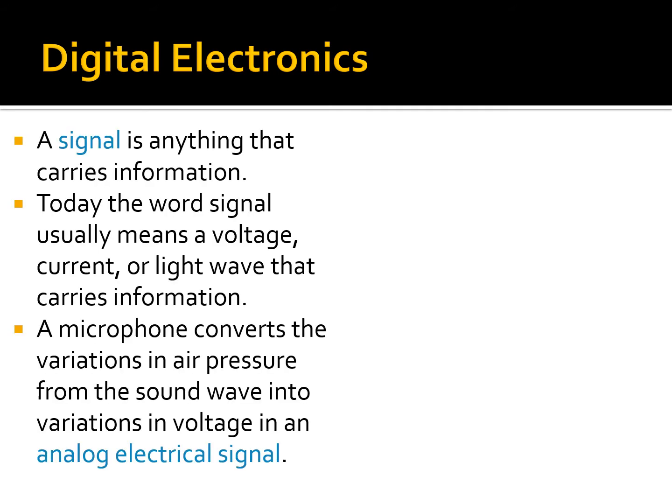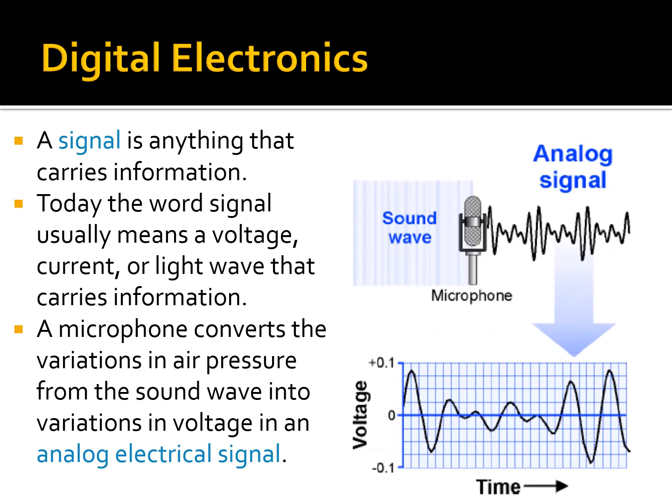So all of these things work on digital signals or digital information. A signal is anything that carries information. Today, the word signal usually means a voltage, current, or light wave that carries information. A microphone converts the variations in air pressure from the sound wave into variations in voltage in an analog electrical signal.